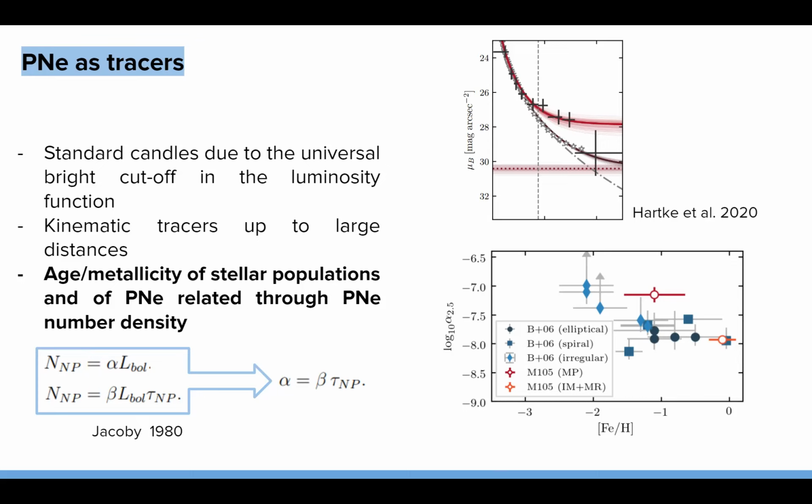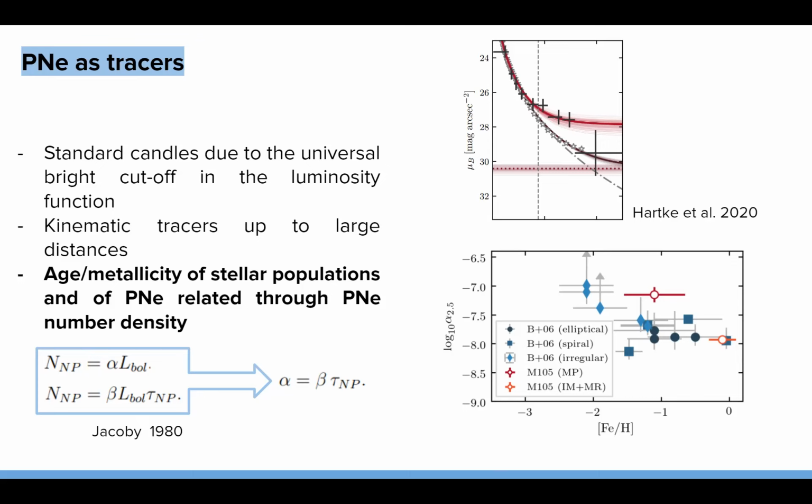Alpha is a parameter that is connected to the number of planetary nebulae that we see in a galaxy, the volumetric luminosity of the galaxy, but also to the evolutionary flux, which is a way in which we can quantify the age of the stellar population overall, and the visibility time of planetary nebulae in that galaxy at that time.